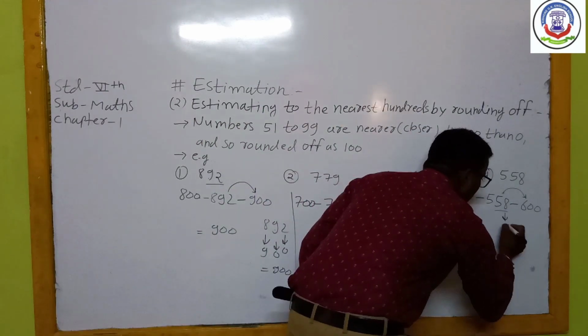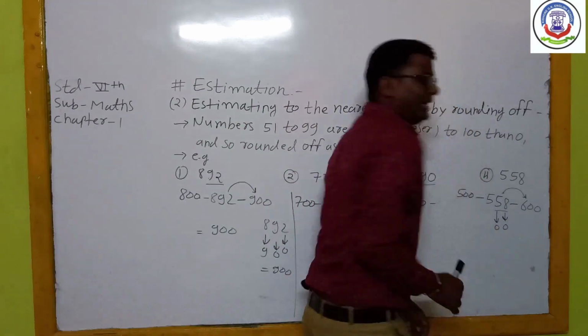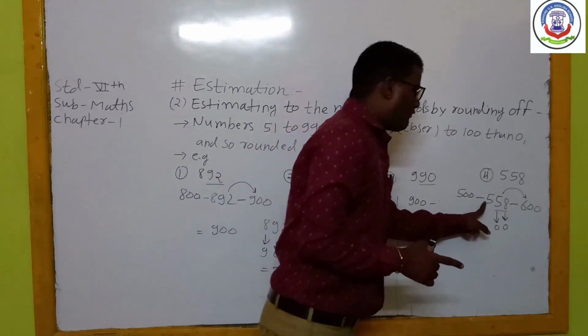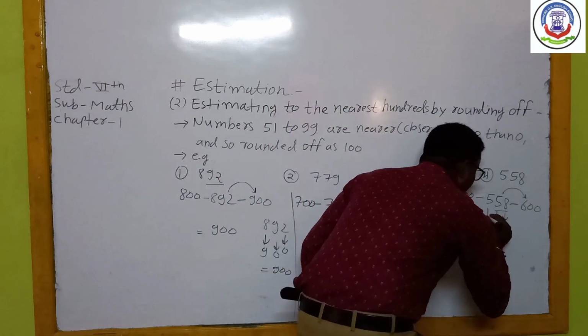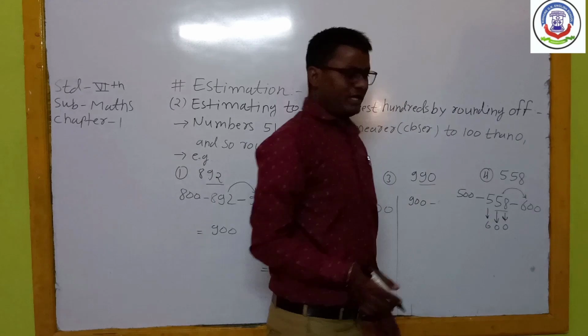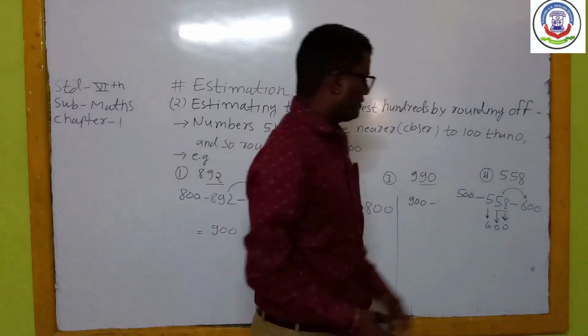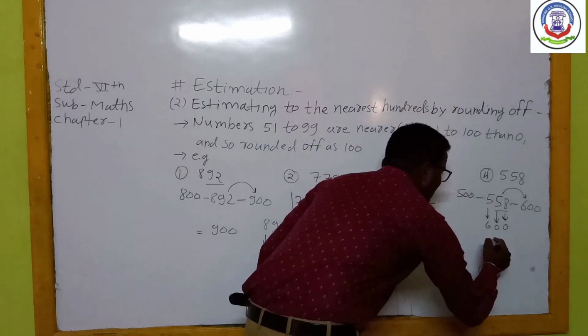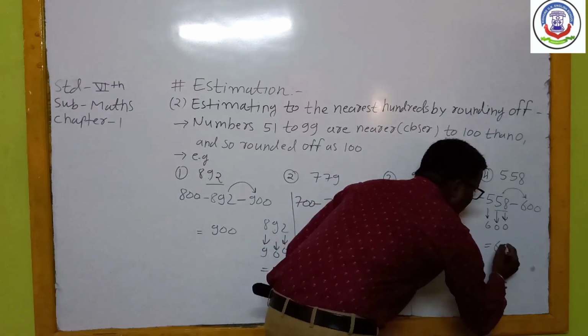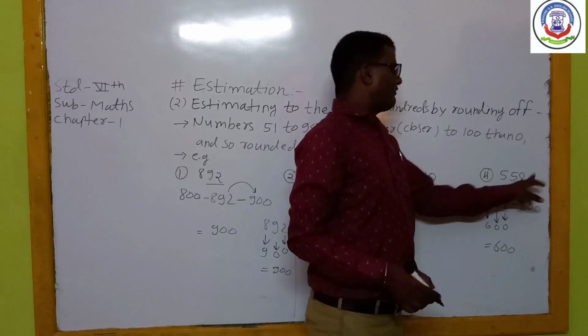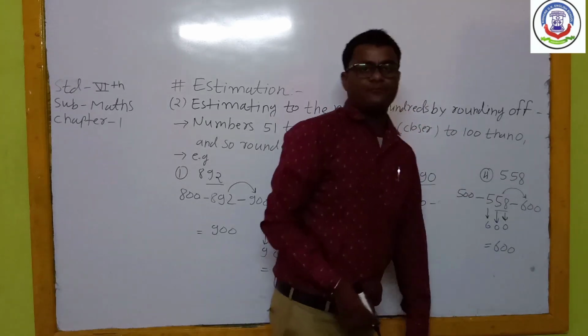It will become 00 and 1 is added to 5. Then it will become 6. Now you match the answers of both tricks. Okay, they are same. So the required rounded off number of 558 is 600.